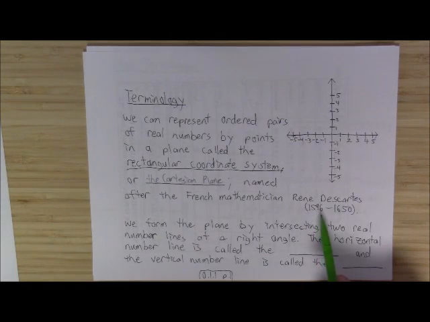He only lived from 1596 to 1650, which if you calculate that out, means that he died when he was about 54 years old.